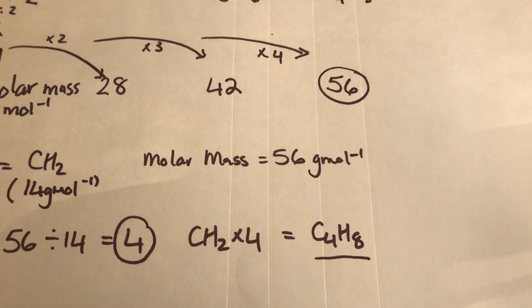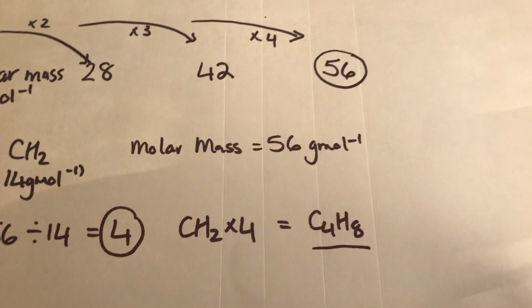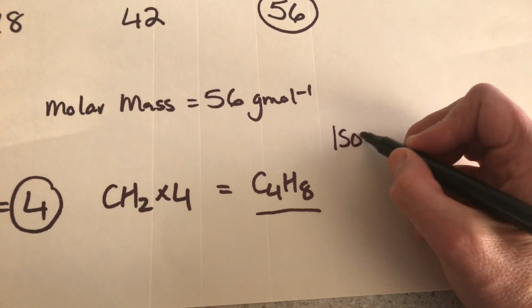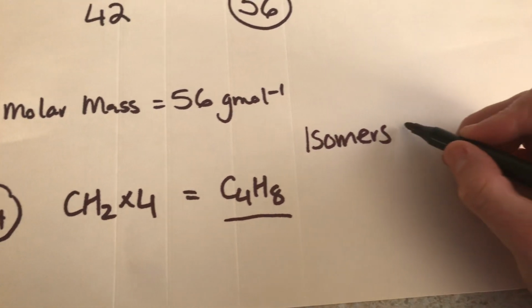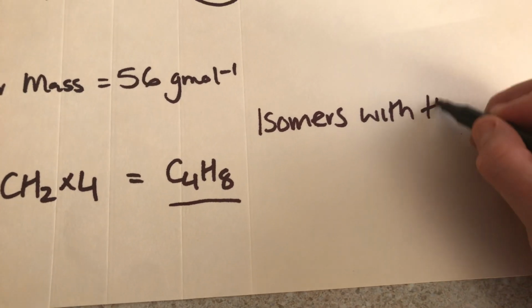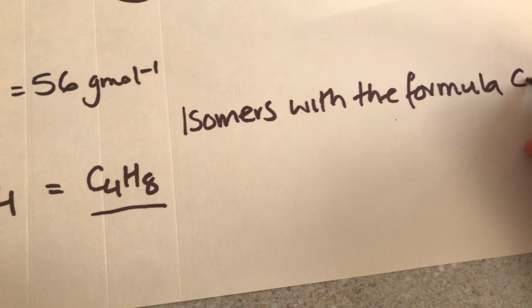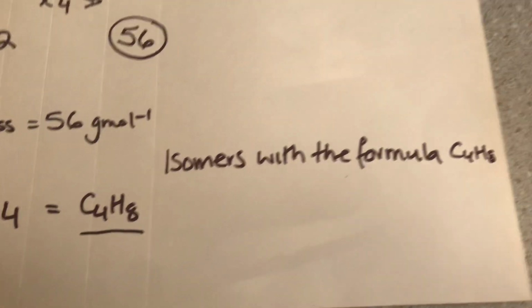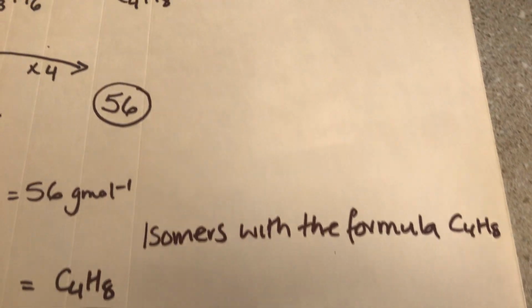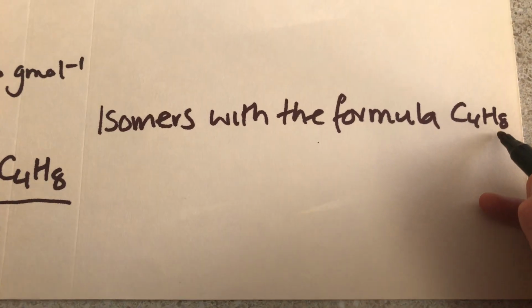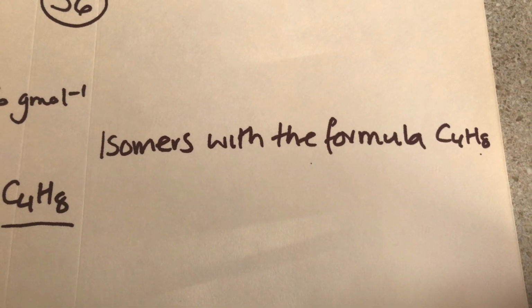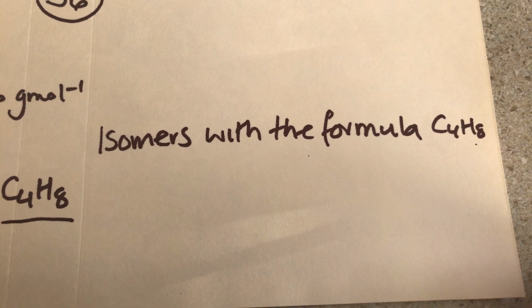This is the first step, and then the next thing we need to do is consider isomers with the formula C4H8. Now, an important thing to notice here is that because the number of hydrogens is exactly double the number of carbons, there must be a double bond in there.